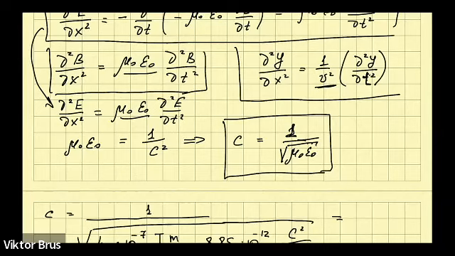So by taking advantage of the analogy between the general wave equation and those equations which we got for electric and magnetic field as functions of position and time, we could determine the quite simple and straightforward equation for the speed of electromagnetic wave propagation in free space, which is equal to 1 over the square root of the product of magnetic permittivity and electric permittivity of free space.